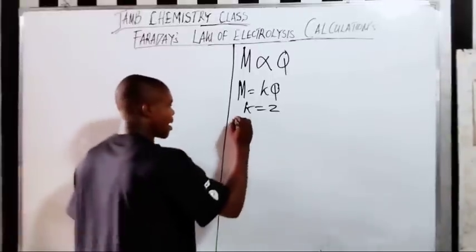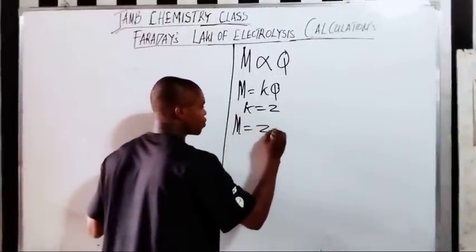So it's going to be M equals Z Q. This is the first formula.